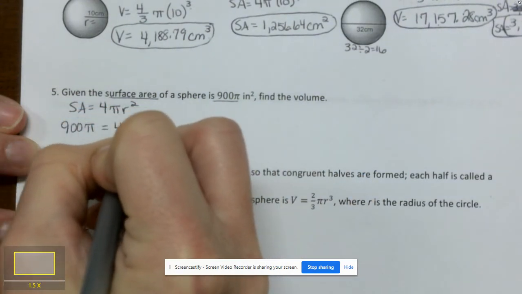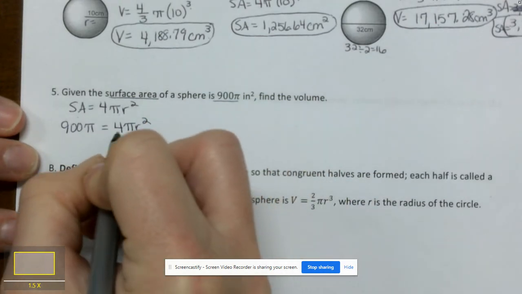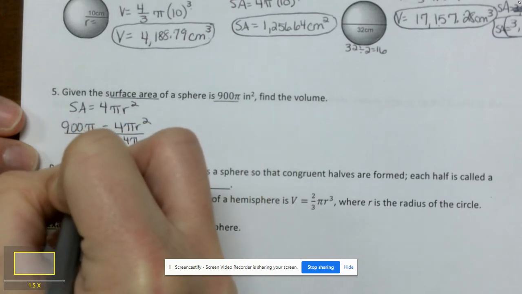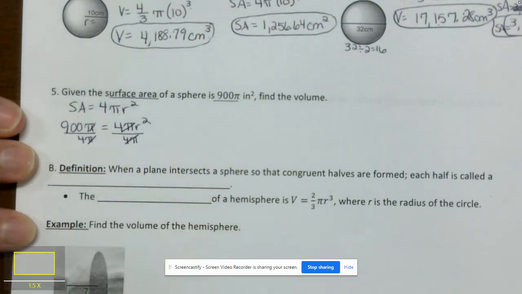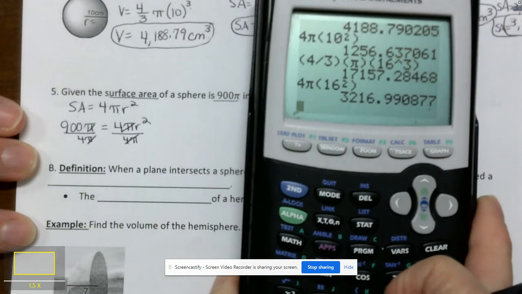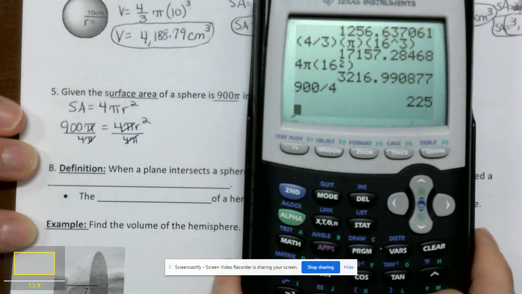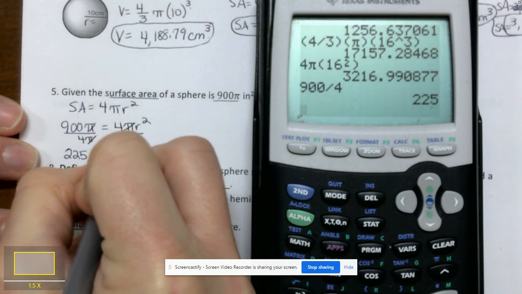So 900 pi equals 4 pi r squared. In order to solve for r, we divide both sides by 4 pi. The pi's cancel, so you're just dividing 900 by 4, which you can do on the calculator. That's 225. So we get 225 equals r squared.